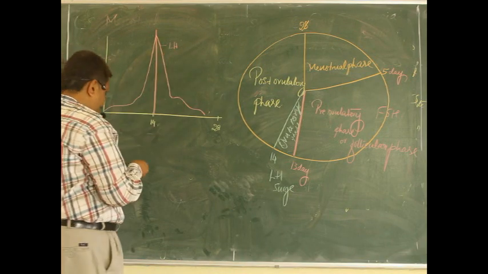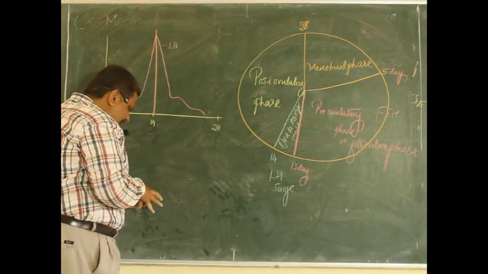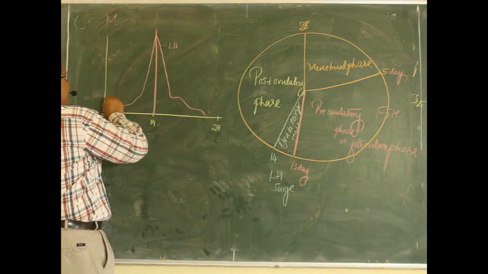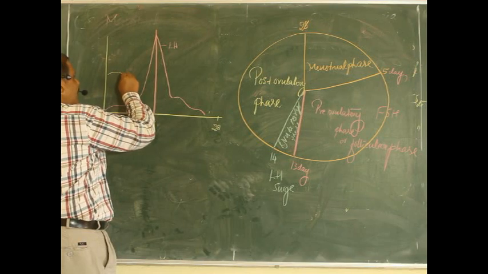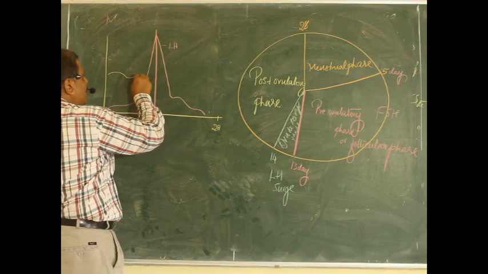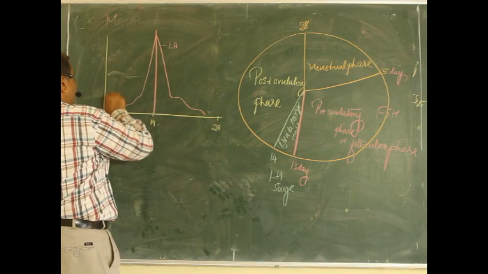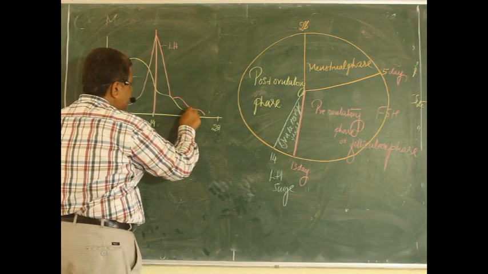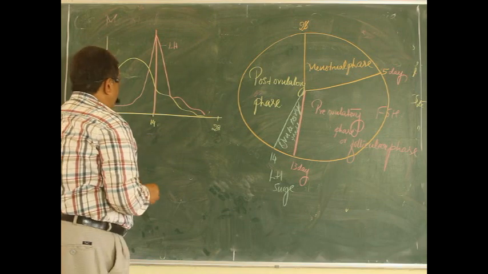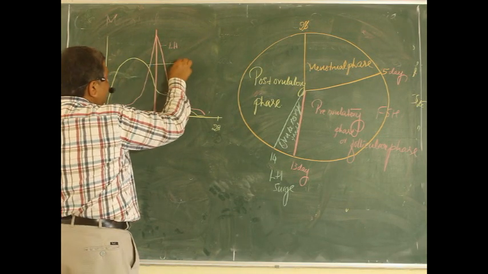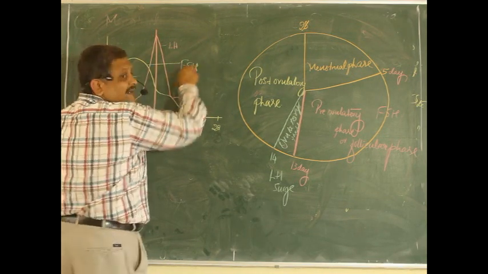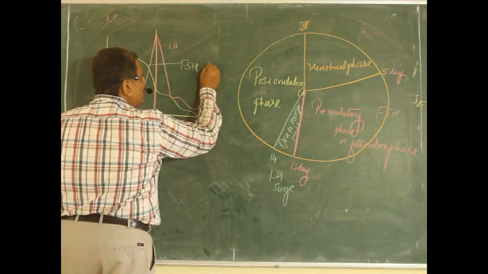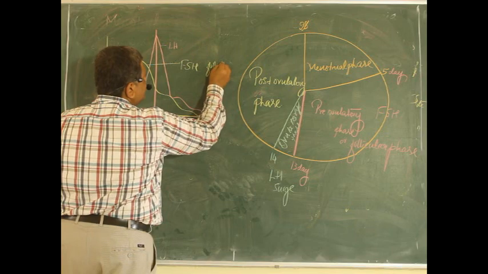The level of FSH hormone will be more in the beginning, and it gradually decreases in the next half. This is FSH. It is increased in the first half because it helps in the development of follicles.